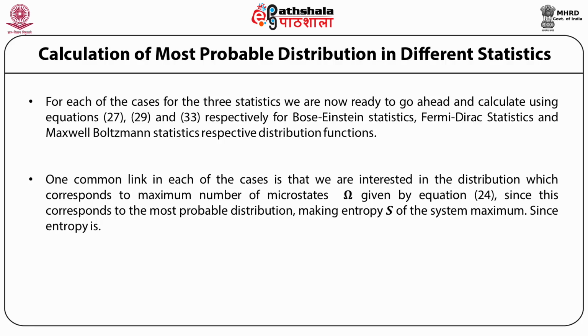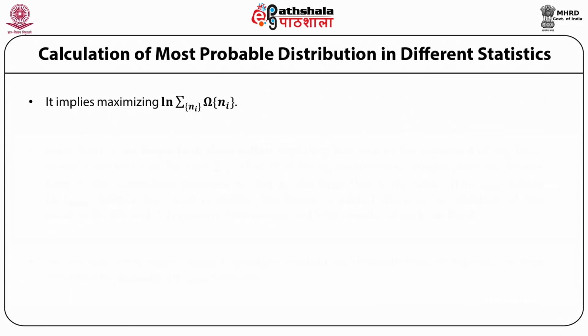Since entropy is equal to Boltzmann constant multiplied by log of omega as a function of n, V and E, which in turn is equal to Boltzmann constant multiplied by log of summation over the distribution set Ni of omega Ni, it implies maximizing log of summation over the distribution set Ni of omega Ni.